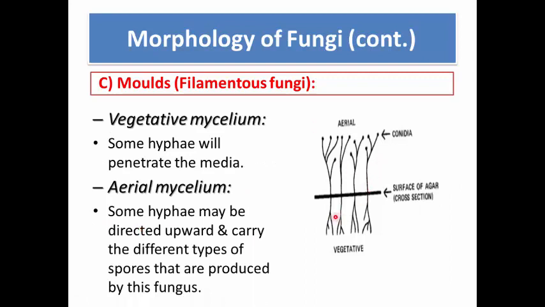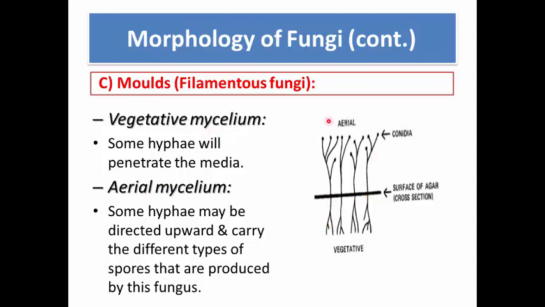The hyphae may make a collection or grow in two forms. The first one is the vegetative mycelium or vegetative hyphae. This hyphae will penetrate the media like the roots of the plants to get the nutrients. The one which penetrates the media is called vegetative mycelium.